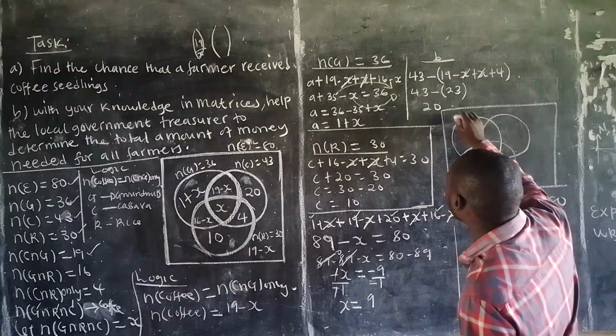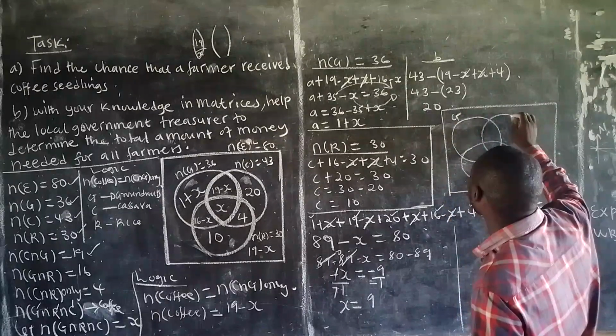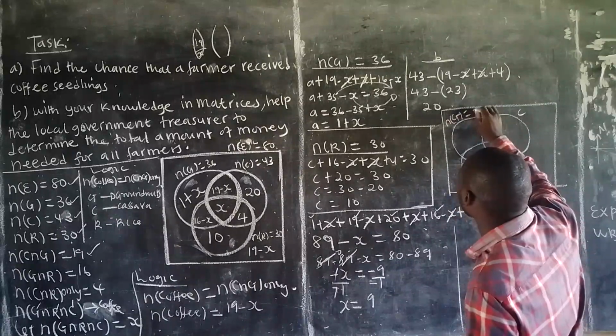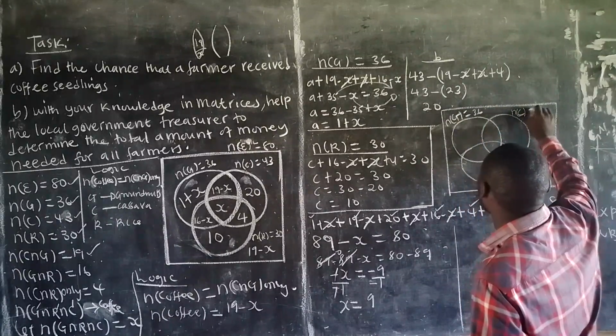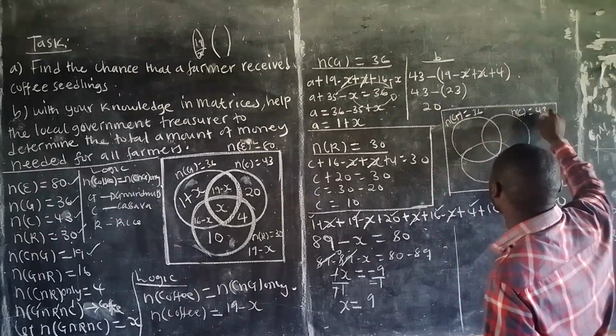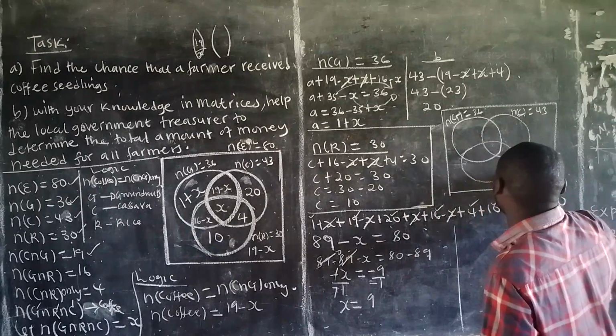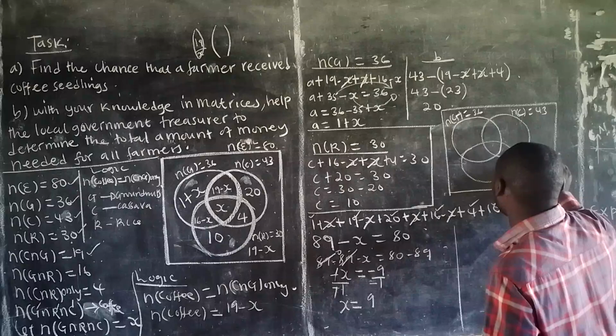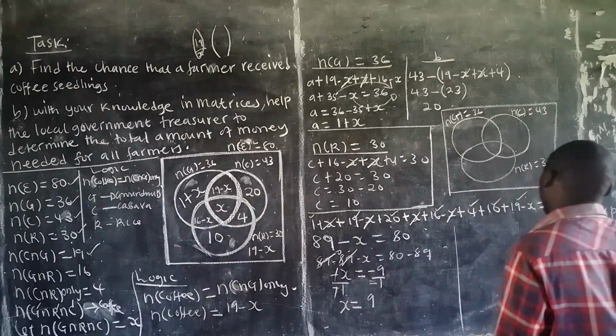But to allow me here, I'll just put a G, to summarize. Some people, when redrawing, don't put this. So this is a 43. Now this one is number in R. Is 30. Oh, is it 30? All right, good.